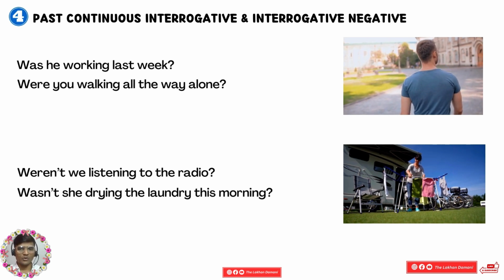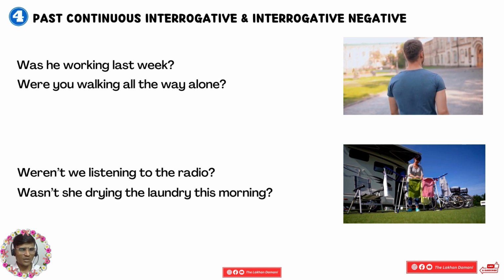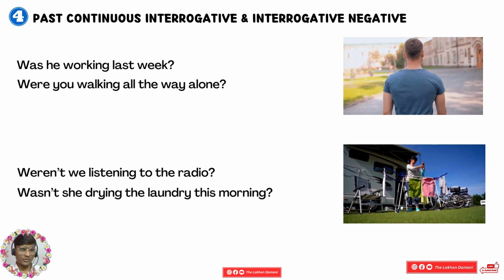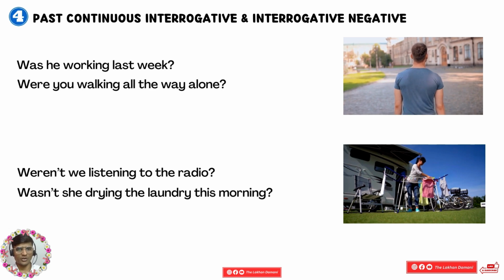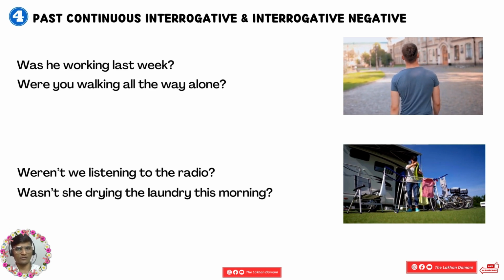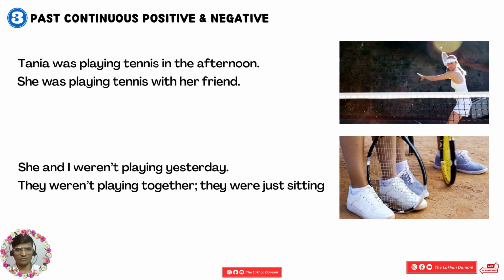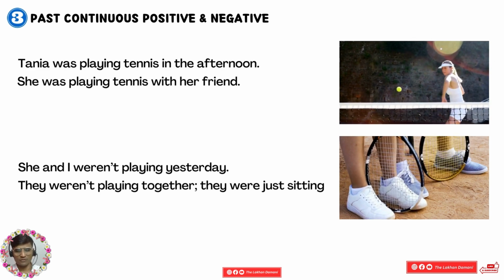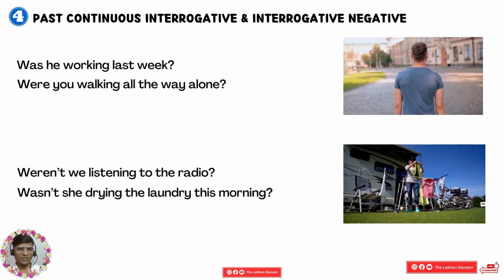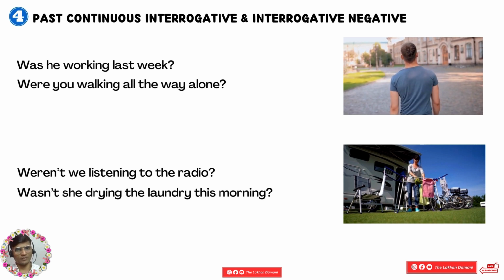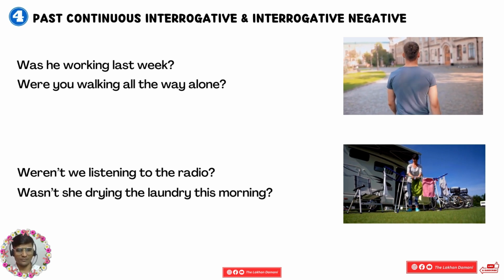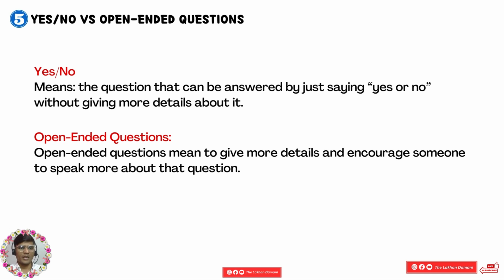When you take a look at this one above, fourth one, past continuous interrogative and interrogative negative, and let's go back, past continuous positive negative. So it was positive, and this is interrogative and interrogative negative, or negative interrogative. You may say that. Have a focus more about this part.